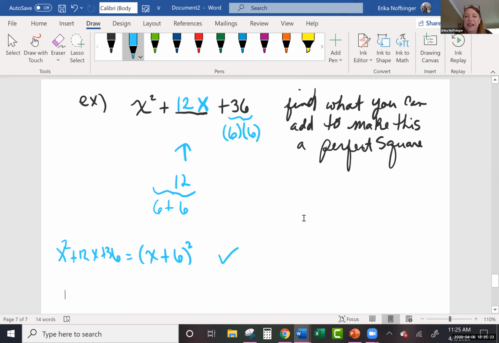Okay, so we had done 12x. And a negative and a negative is a positive. So if we divide negative 12 by 2, we get negative 6, but negative 6 times negative 6 gives us this 36.